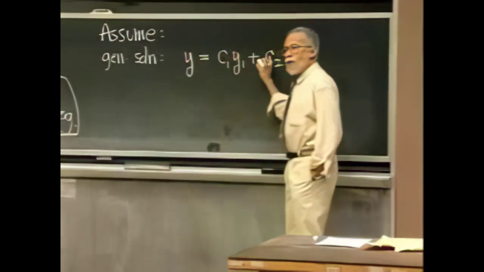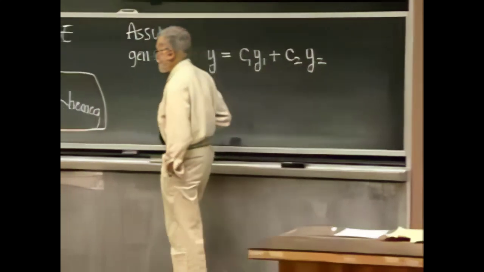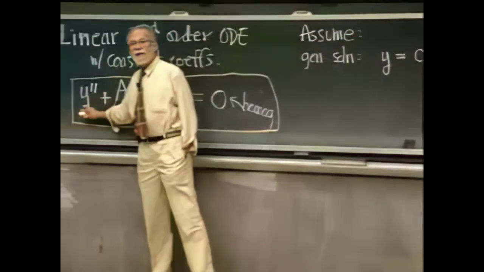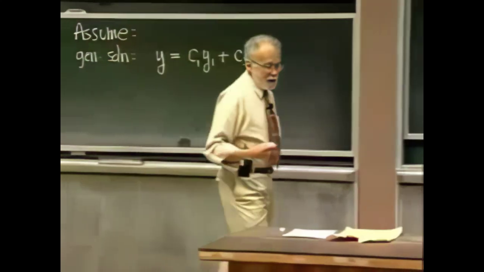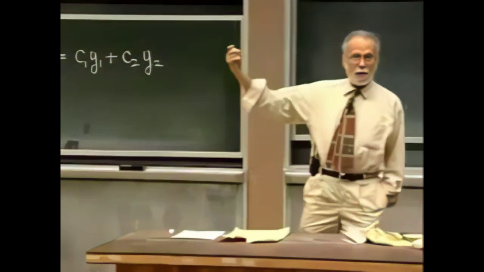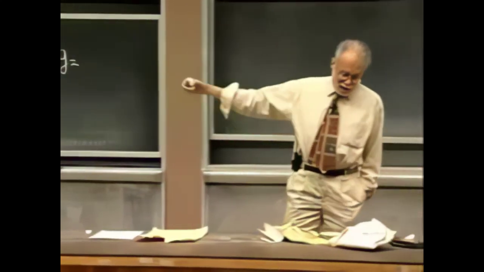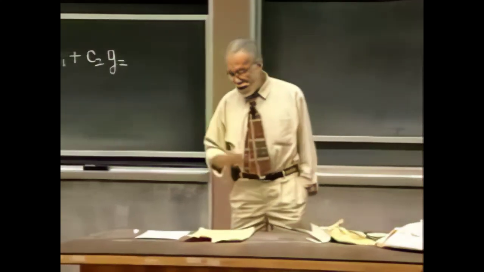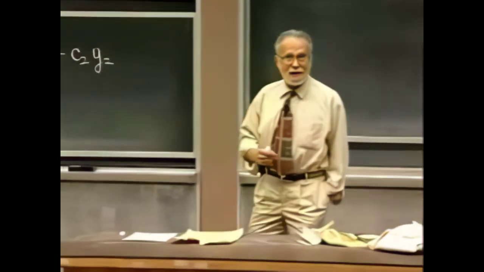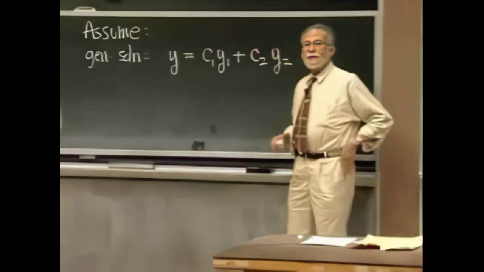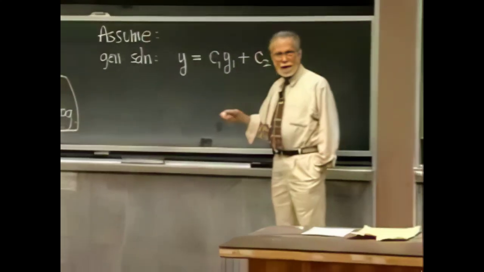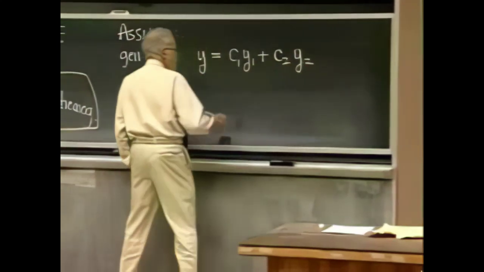So these are 2 arbitrary constants corresponding to the fact that we're solving a second order equation. In general, the number of arbitrary constants in the solution is the same as the order of the equation, because if it's a second order equation, that means somehow or other it may be concealed, but you're going to have to integrate something twice to get the answer, and therefore there should be 2 arbitrary constants. That's very rough, but it sort of gives you the idea.